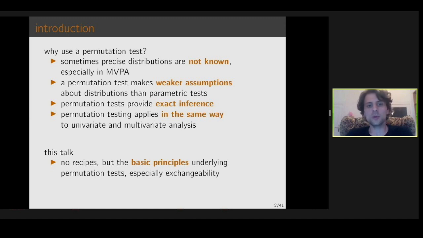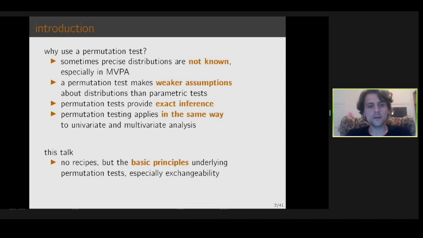Secondly, permutation tests provide ways for exact inference. That is, they are perfectly controlling the type 1 error rate, and if the null hypothesis is true, it is rejected at most 5% of the time if you have chosen your significance level to be 0.05. Finally, the principles of permutation testing apply in the exact same way to univariate and multivariate analyses, as you will see later in the talk.